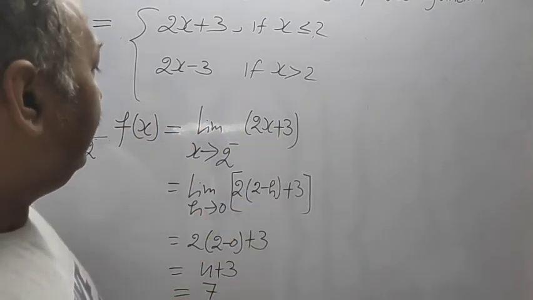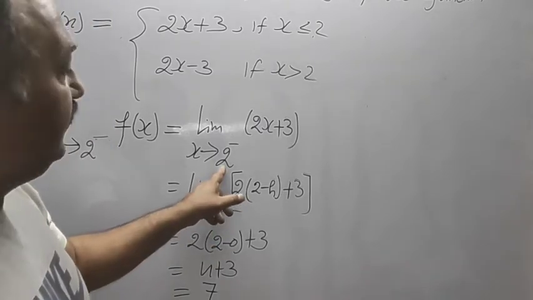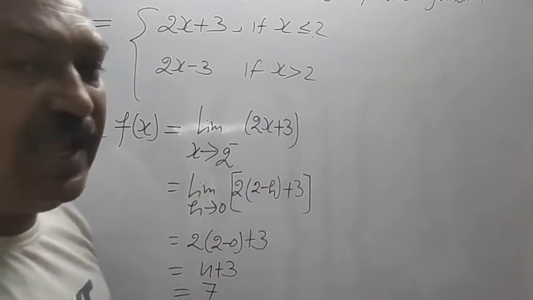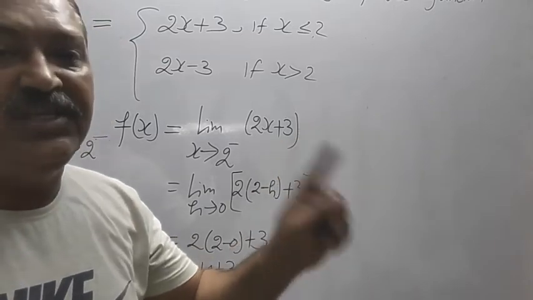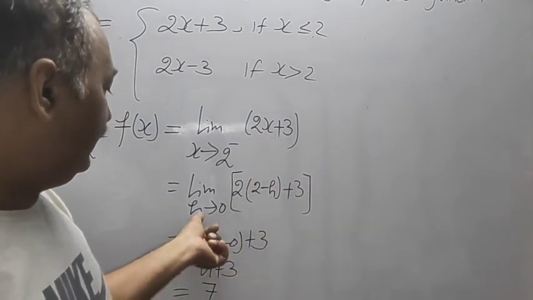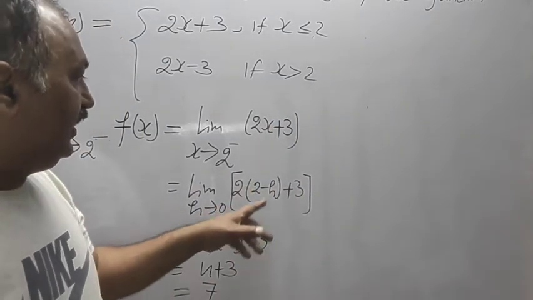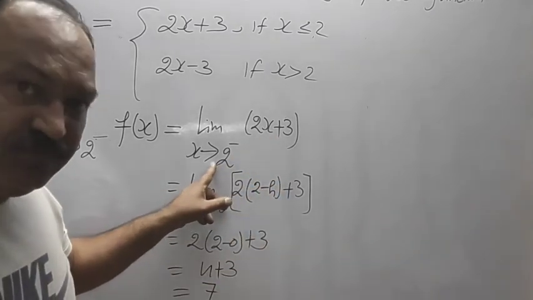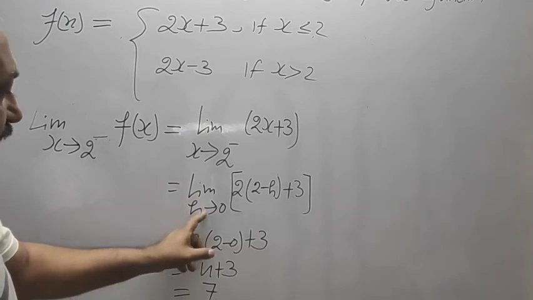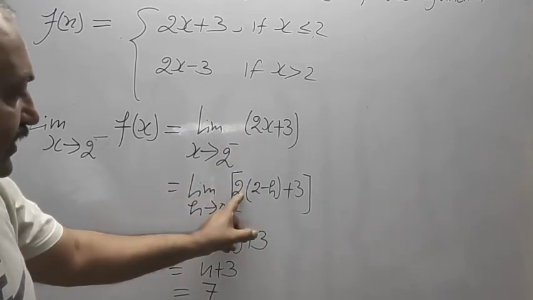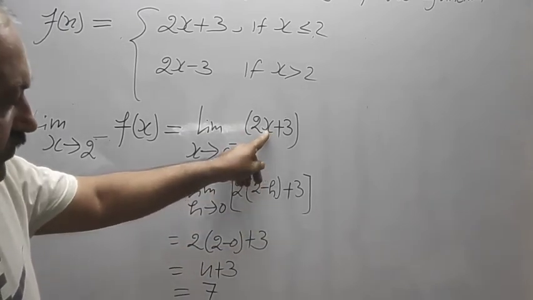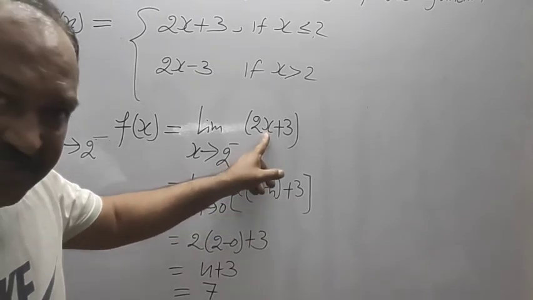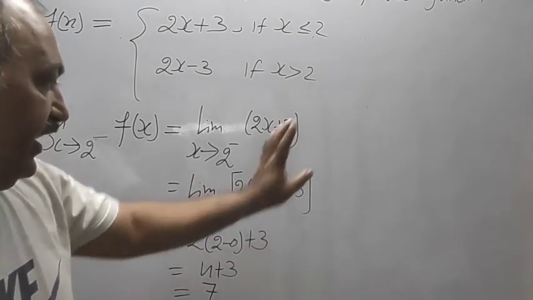And now changing the limit. Before applying the limit, you have to change the limit into h. Putting x is equal to a minus h. Role of a is played by 2. Limit of h approaches to 0, 2 as it is, putting 2 minus h in place of x, and plus 3.